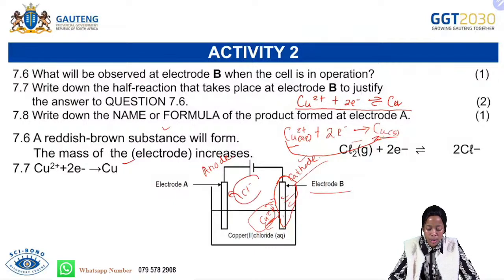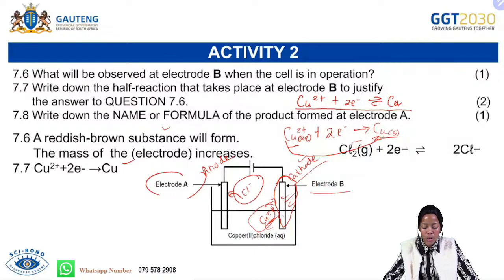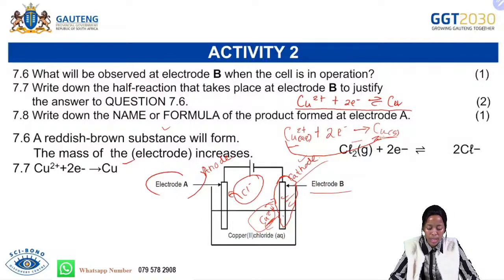We already said that the chlorine is going to migrate to electrode A, which is the anode. So in order for you to answer this question, you must be able to write the half reaction in terms of oxidation. Because why oxidation? Because we know that at electrode A, that is where we have oxidation taking place.